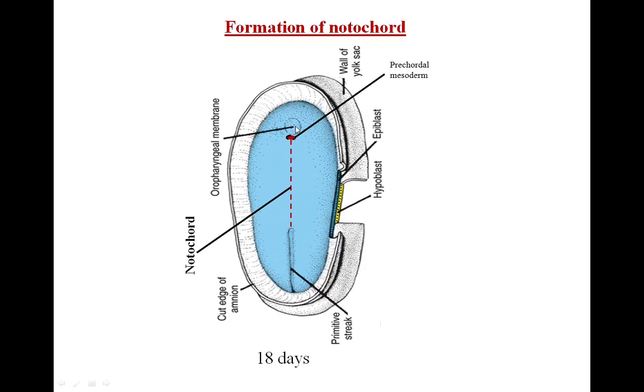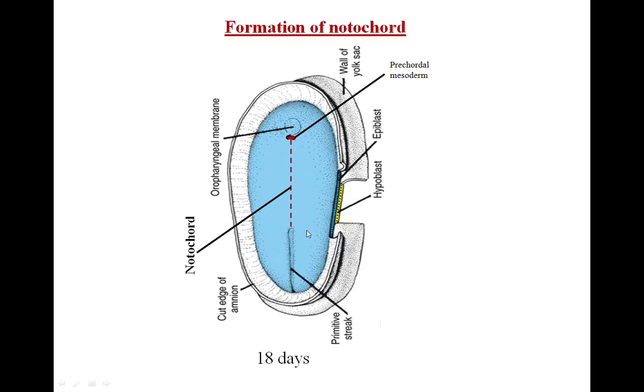In this region, the ectodermal germ layer and the endodermal germ layer are fused with each other, both cranially as well as caudally. Cranially, that is known as the buccopharyngeal membrane, and caudally, that is known as the cloacal membrane. That has not been shown here. These are the two areas where the ectoderm and the endoderm are fused.